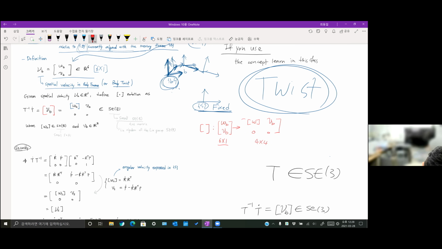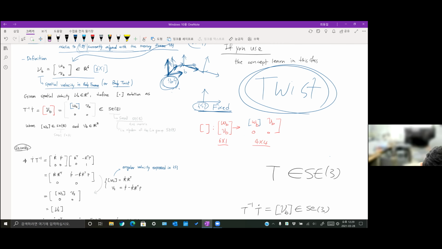And also, this one was the skew symmetric bracket. So let's use a blue pencil. This blue bracket means skew symmetric, and this red bracket means converting from a 6x1 vector to a 4x4 matrix.